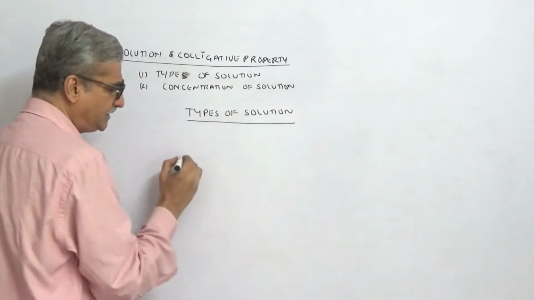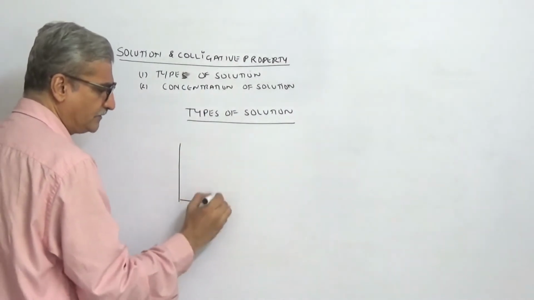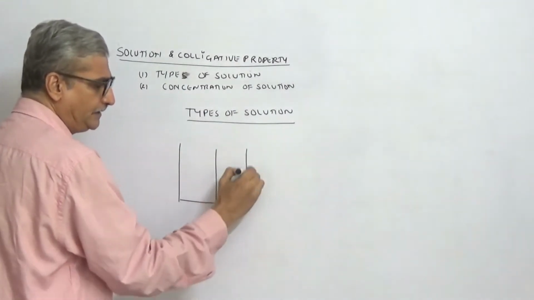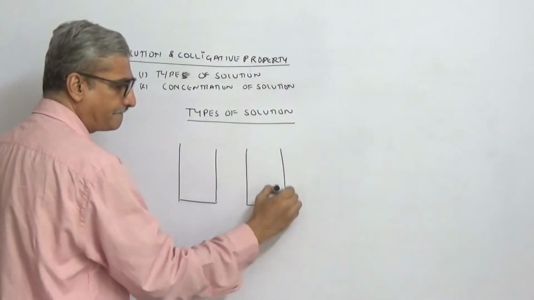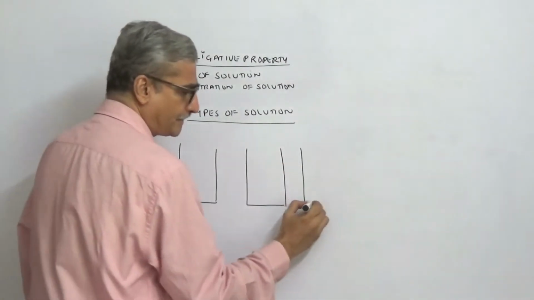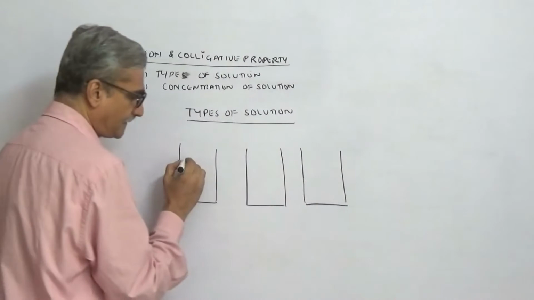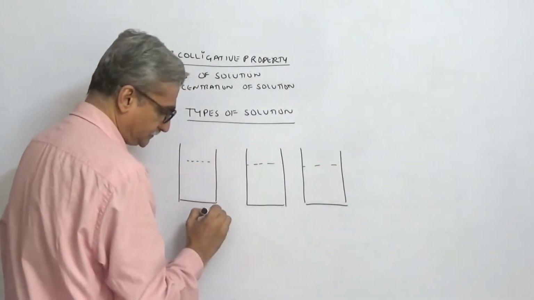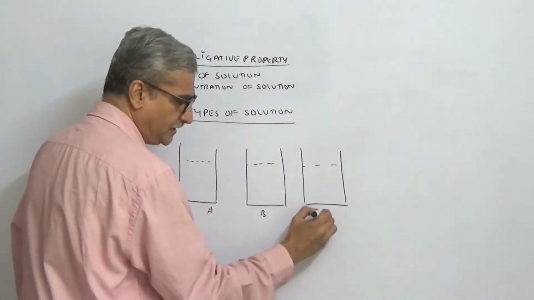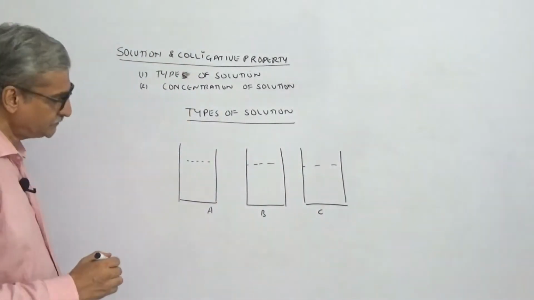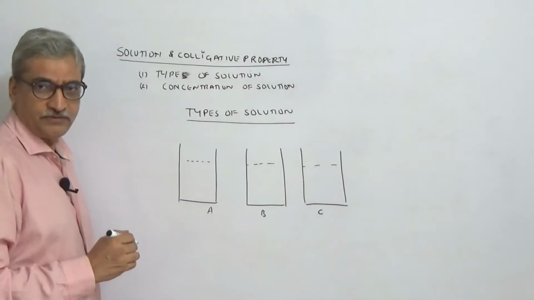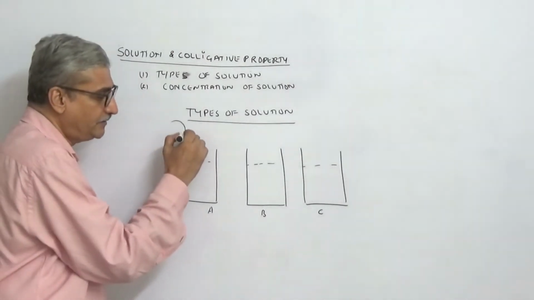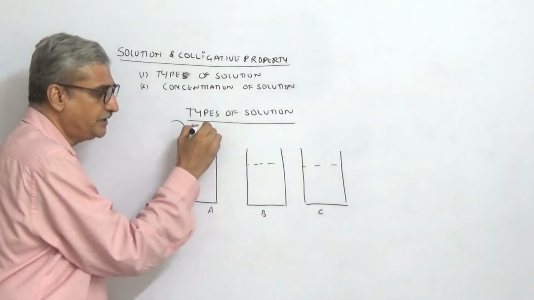So in order to understand types of solution, we once again do revision of the 11th standard. That is, I take three beakers, A, B and C. In beaker A, I add 1 spoonful of sodium chloride.